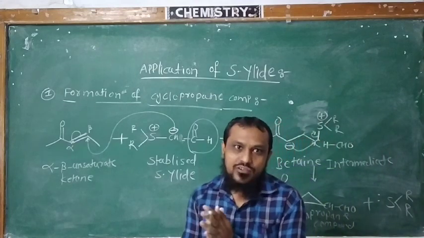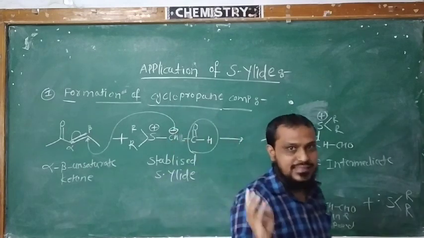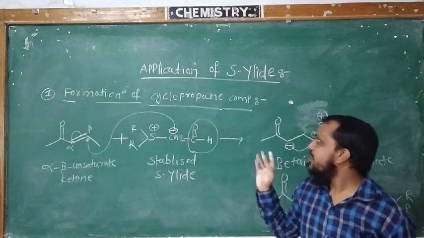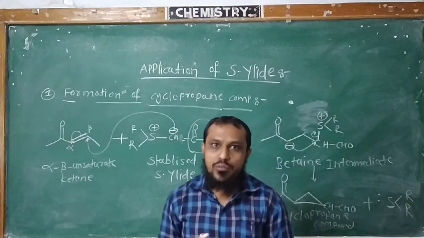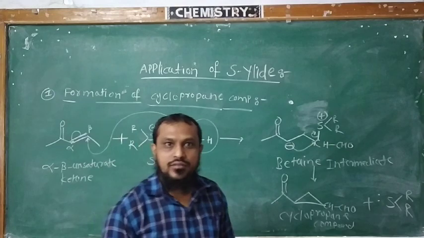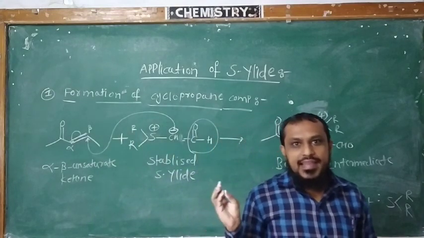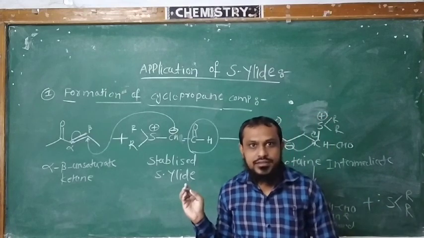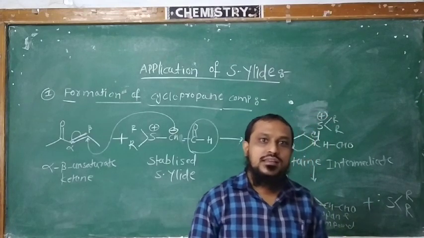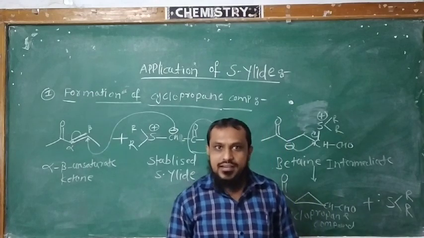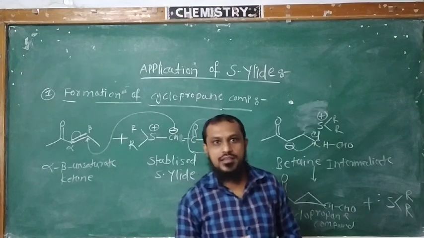Sulfur ylide has two applications. First one is the formation of epoxide, and second one is the formation of cyclopropane compound. How to prepare epoxide? When an aldehyde or ketone is treated with unstabilized sulfur ylide, it gives an epoxide.